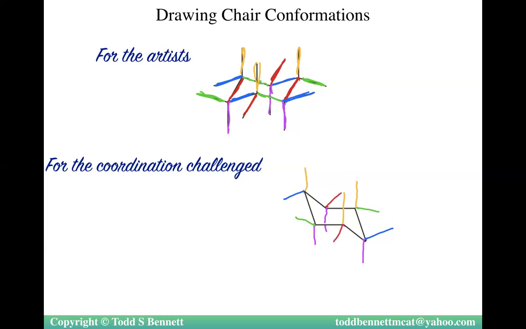So lo and behold, I actually was able to draw it reasonably well. This still will show what you need, but it won't create artistic challenges quite to the same level as this. So hopefully this seems reasonable. Okay, so there's my axial lines up. There's my axial line down.